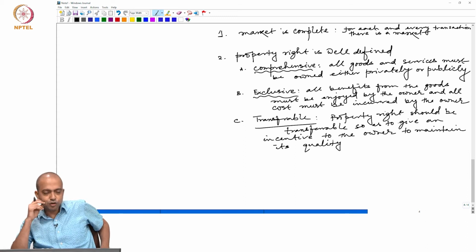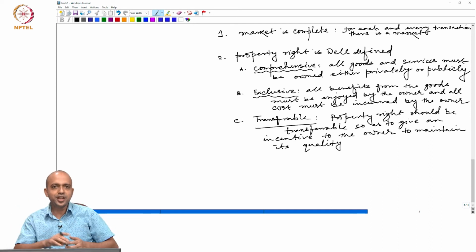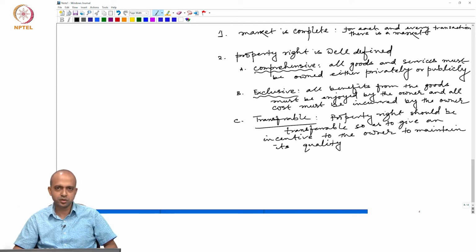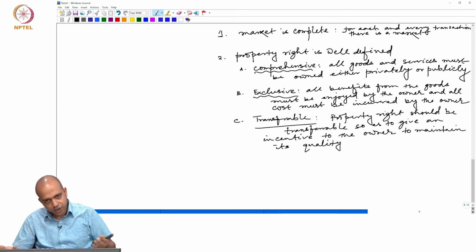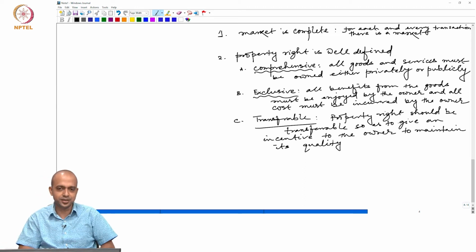Suppose property right is non-transferable, then the owner has no incentive to maintain the quality, because he or she knows after my use there are no customers to whom I can sell this, then why should I maintain the quality?